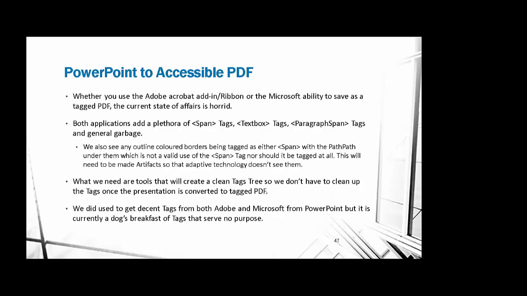If you use the Adobe Acrobat add-in, you still get a lot of garbage tags, but you also get bookmarks. So at the moment, the Acrobat add-in is giving you the most accessible PDF because it is adding the bookmarks. And you don't have to go and manually add those.